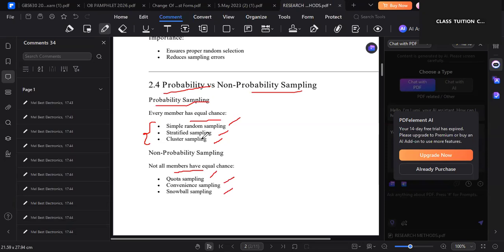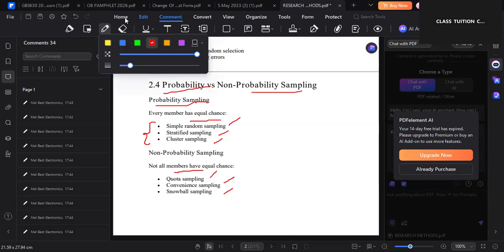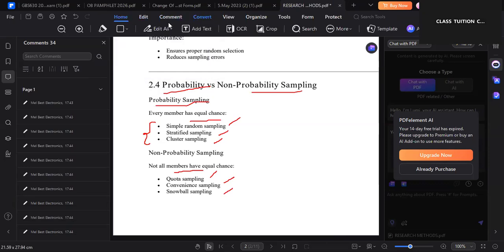We have 10, then out of the 10, you pick three provinces. Those are your clusters. So not all provinces will be represented in there. Are we together? At least you need to have an idea of what each of these sampling types are. Can somebody explain what quota sampling is?